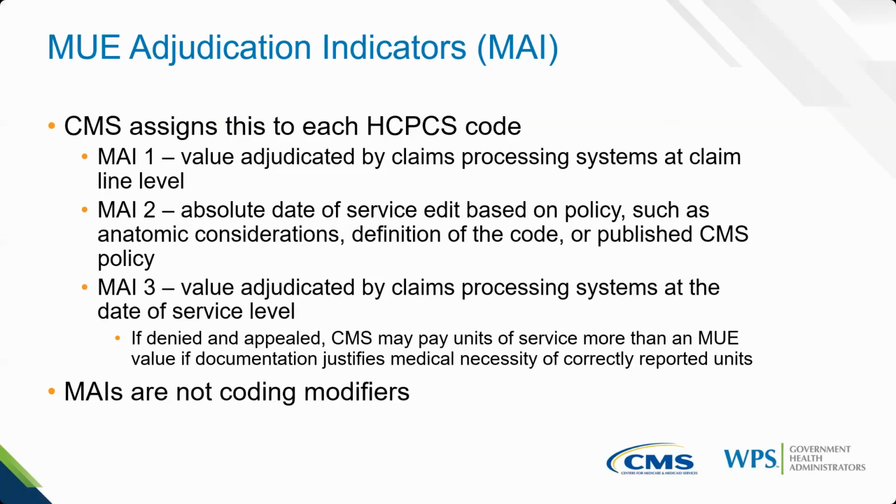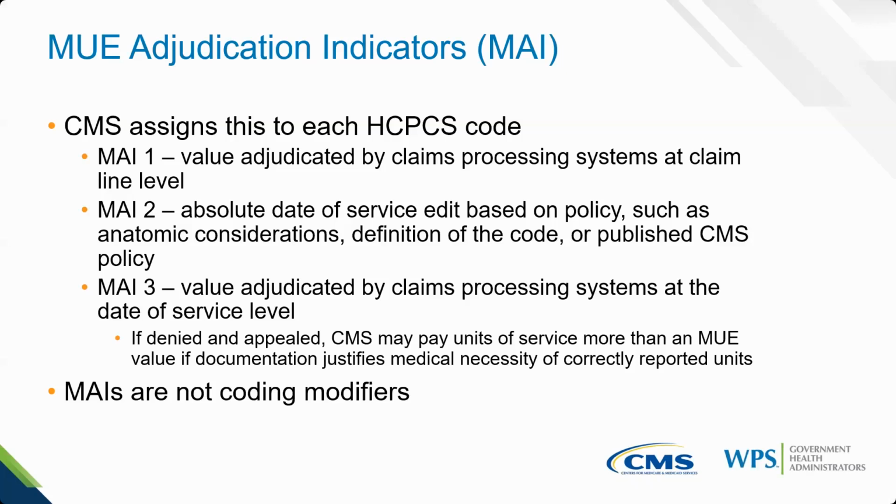MAI 1 indicates a value adjudicated by claims processing systems at the claim line level. And MAI 2 indicates an absolute date of service edit based on policy. This could be an anatomic consideration. Maybe it's based on the definition of the code, or even something that's published in CMS policy.